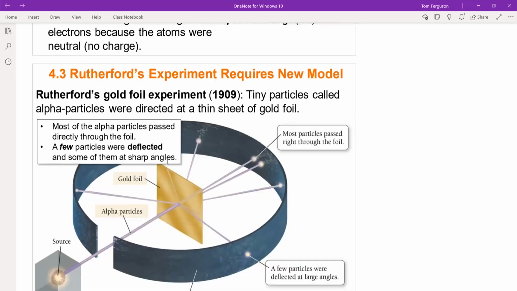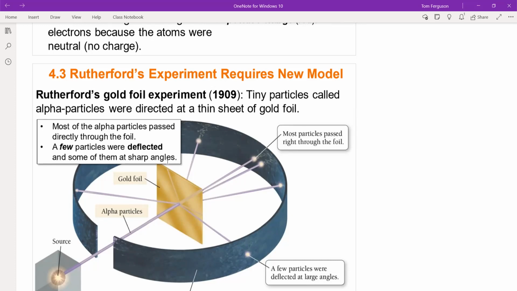Now, one thing scientists have to do is confirm what another scientist has done so that they can credit it. So Rutherford wanted to confirm the plum pudding model.